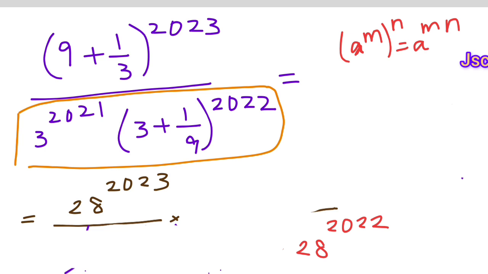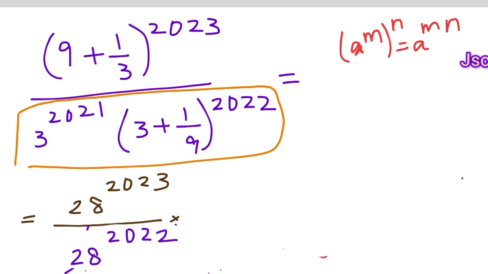In the denominator what we are left with is 28 raised to the power of 2022. In the numerator power we have 2023. This we can write as 2022 plus 1, isn't it? Now the numerator is in the form of a raised to the power of m plus n. We can write this as a raised to the power of m times a raised to the power of n.